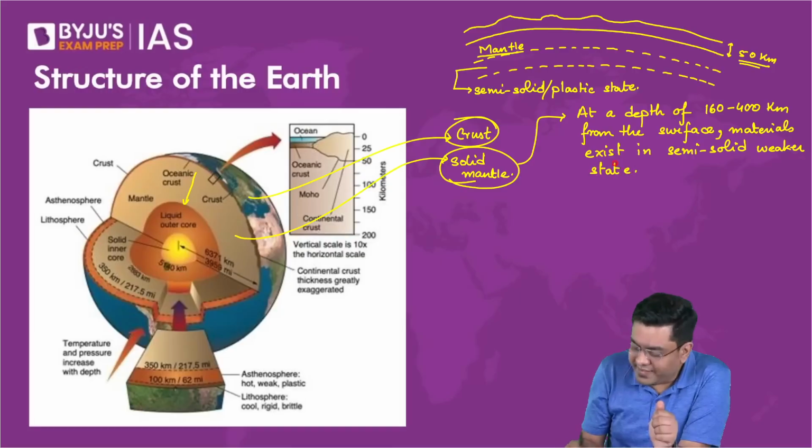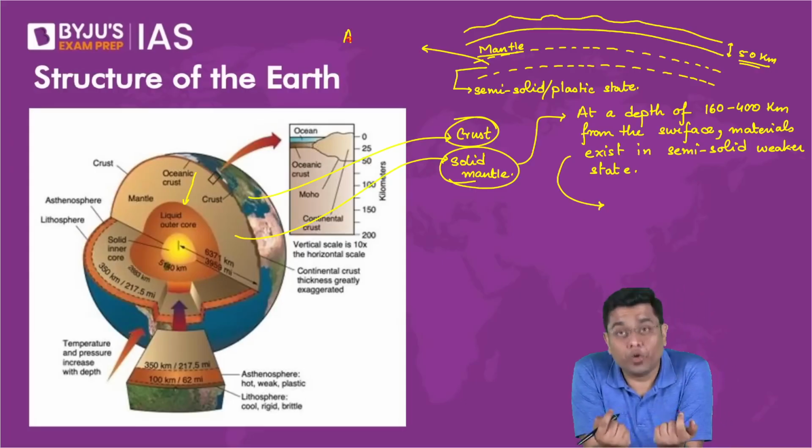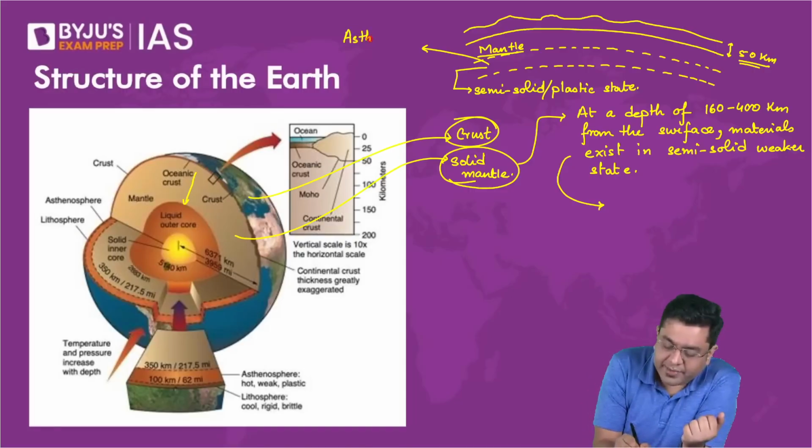And this is a layer which is referred to as asthenosphere. It is derived from the term astheno, which means something which is weak. So that is where you have the asthenosphere.